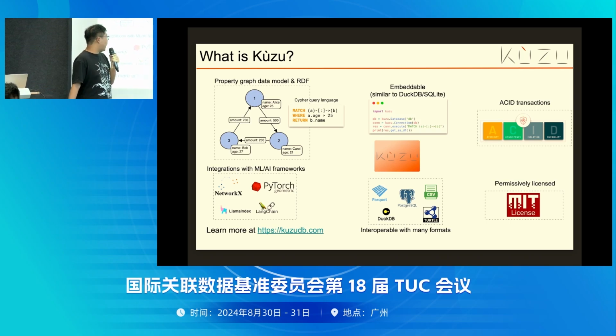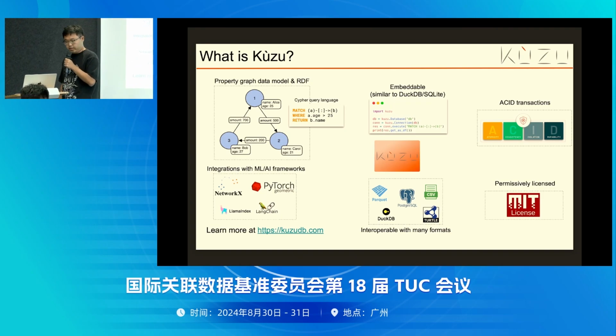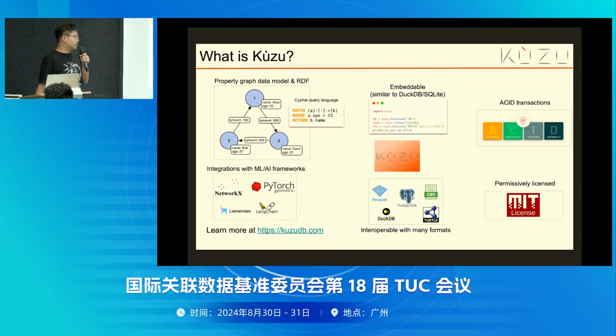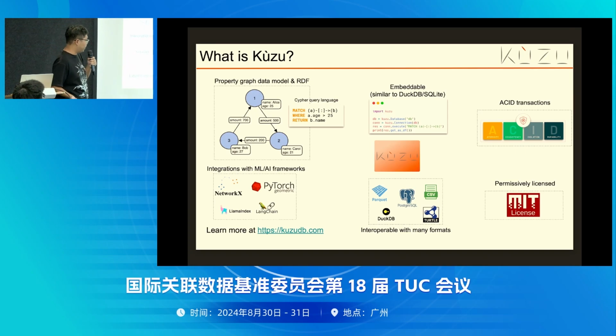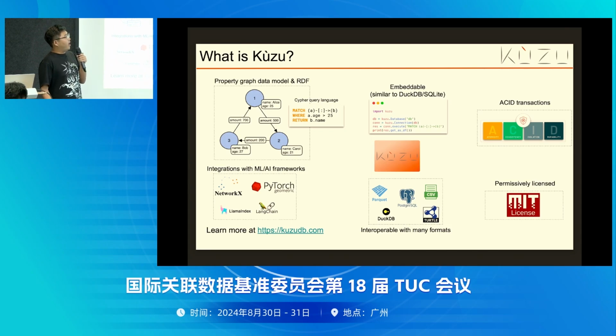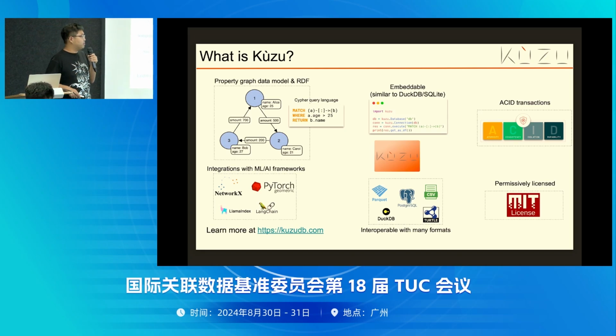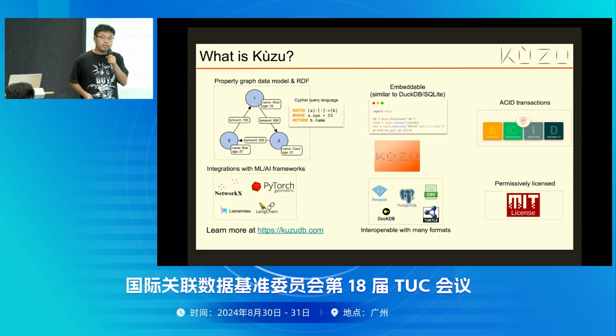On the application side, Kuzu is designed to integrate with popular third-party libraries like NetworkX for graph analytics, PyTorch Geometric for GNN computation, and LlamaIndex and LangChain for GraphRAG. And just like many other databases, we provide transactions with ACID guarantees. Although Kuzu itself is backed by a private company, the product still remains under a permissive MIT license.